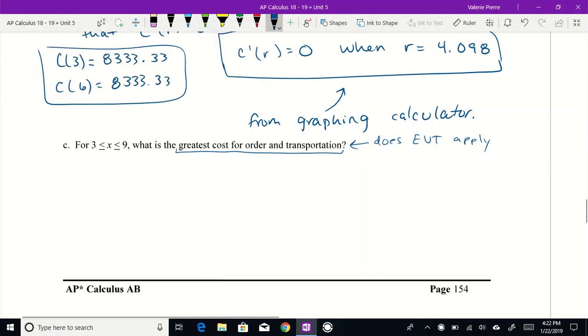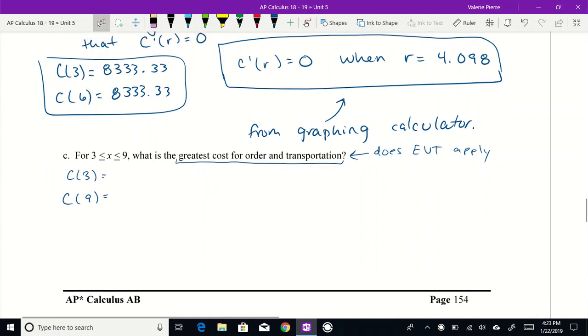All right, so EVT, since our function is continuous, we know that we're looking for an extrema at either the endpoints of our interval or at the critical numbers in our interval. And this interval only had one critical number, which was 4.098, because that's when our derivative equals 0 on this interval.